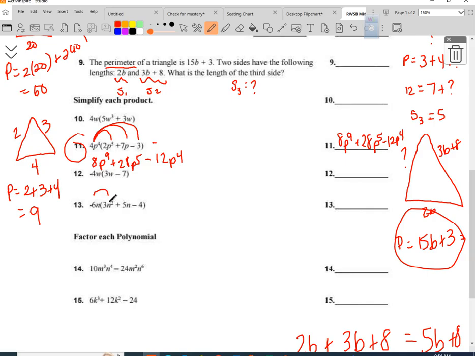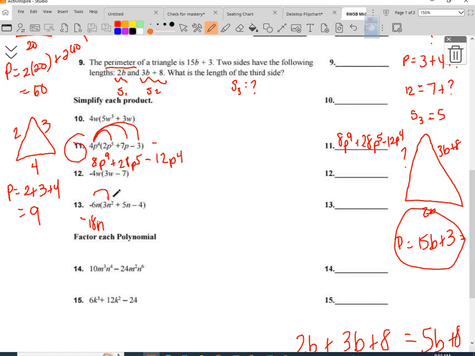13, negative 6n times 3n squared plus 5n minus 4. So we distribute. Number times number, negative 18. What is the exponent on the n going to be?